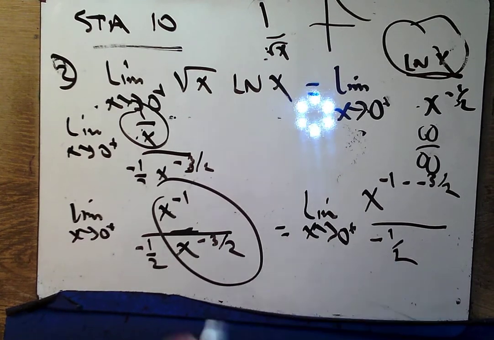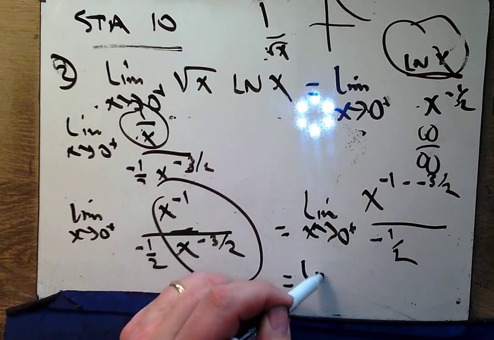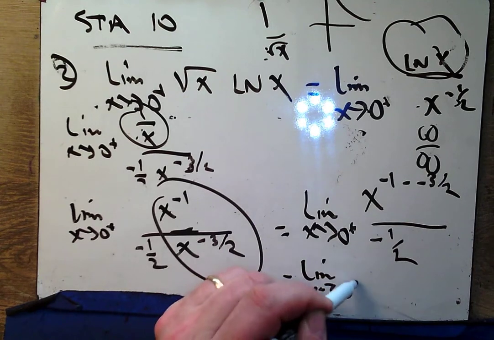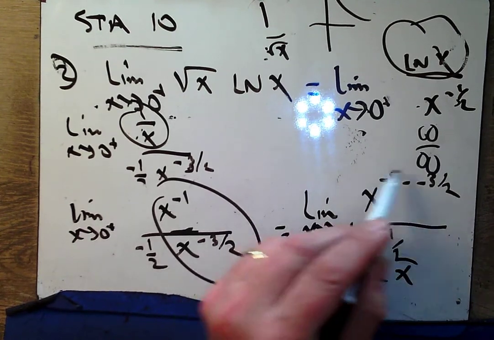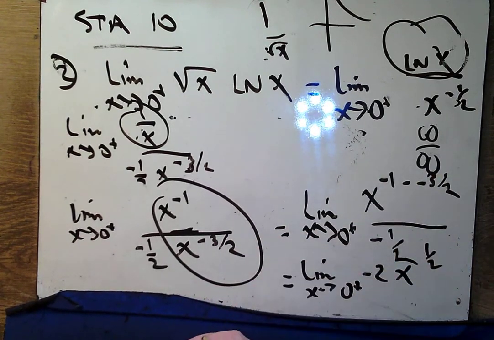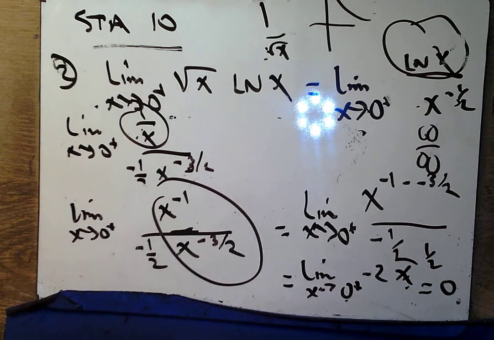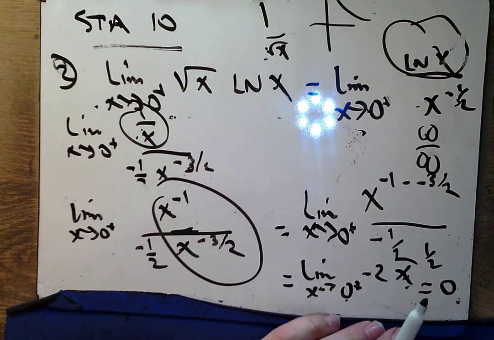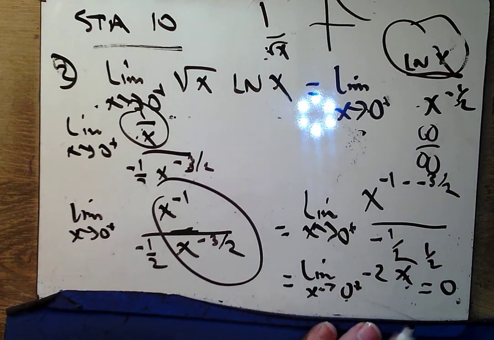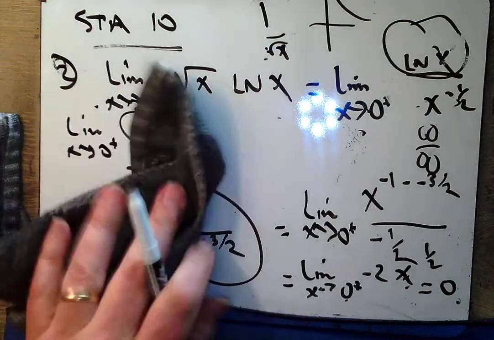I can do flip and multiply with this, and that'll get me the limit as x heads to 0 from the positive of negative 2 x to the 1 half. If I plug my 0 in here, square root of 0 is 0, 0 times negative 2 is 0. All right, I was able to get the limit there. It's a lot of work for a 0, just saying.